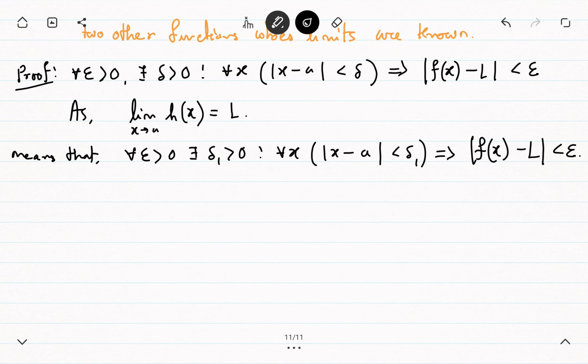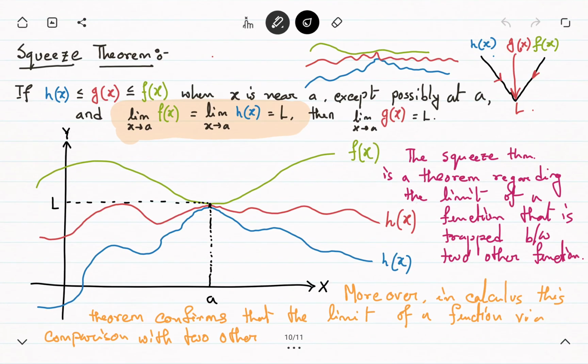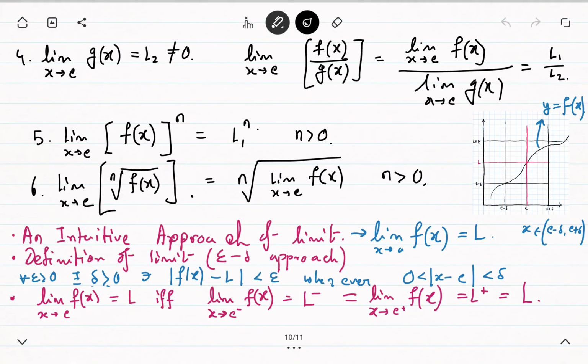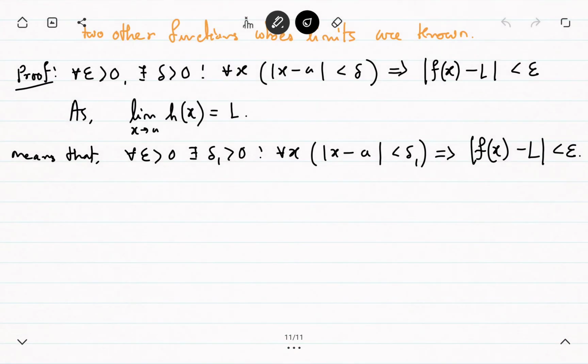Not f of x, sorry, this will be for g of x. This is the general definition.